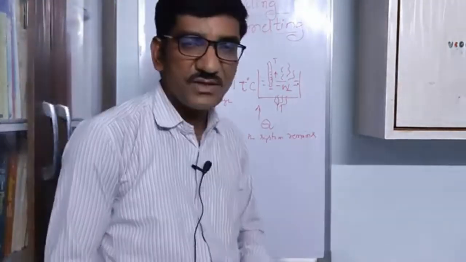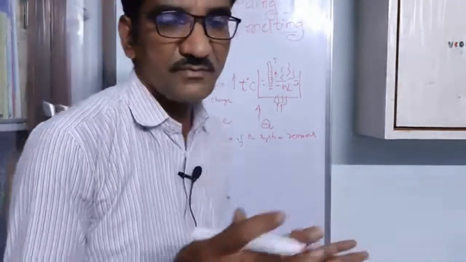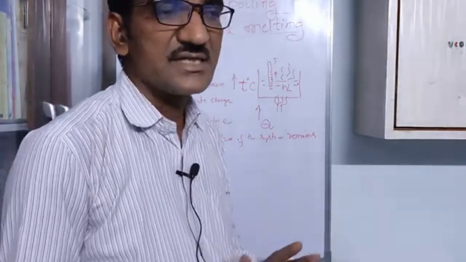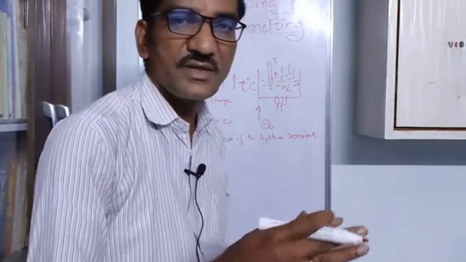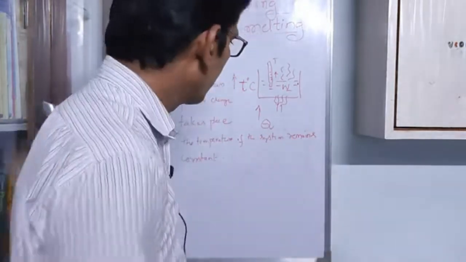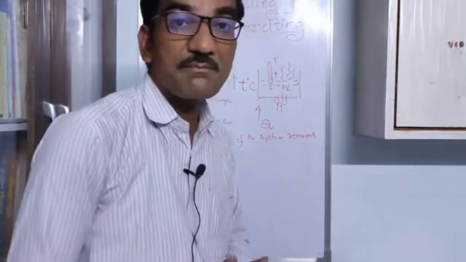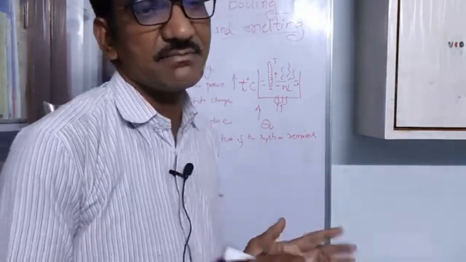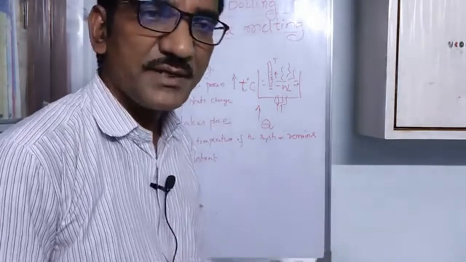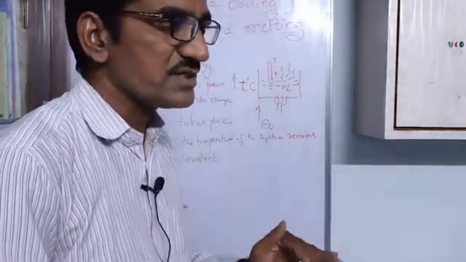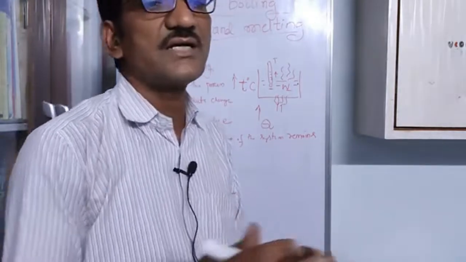So far we have studied only one process of phase change, that is from liquid phase to gaseous phase, water to water vapor. Next let us see what happens when ice melts. Here the water is changing from its solid phase to liquid phase.